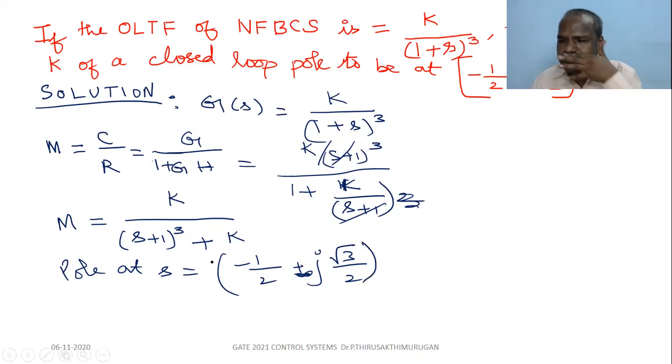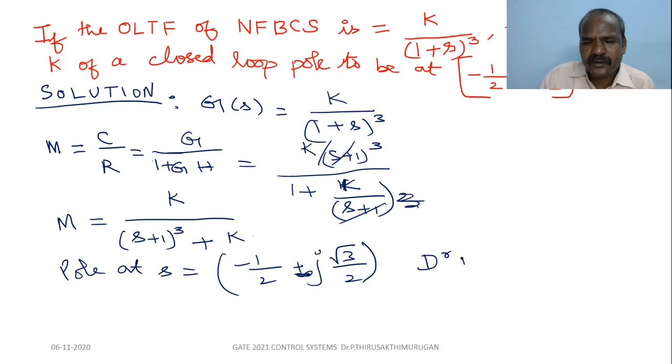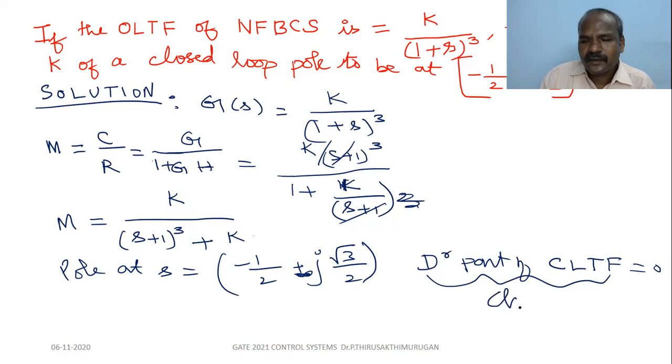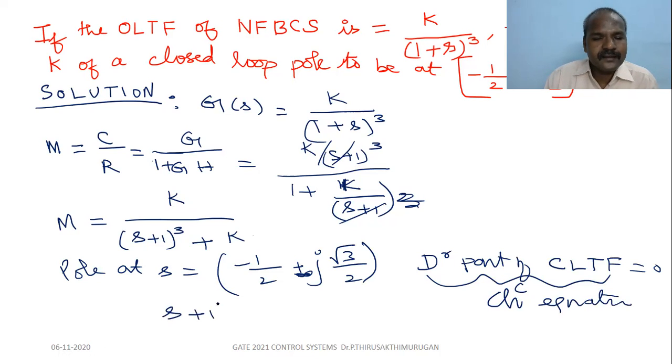Let us substitute this value in the characteristic equation. So the denominator part of the closed loop transfer function equal to 0. So this is the characteristic equation, right? So (s plus 1) whole cube plus k equal to 0.